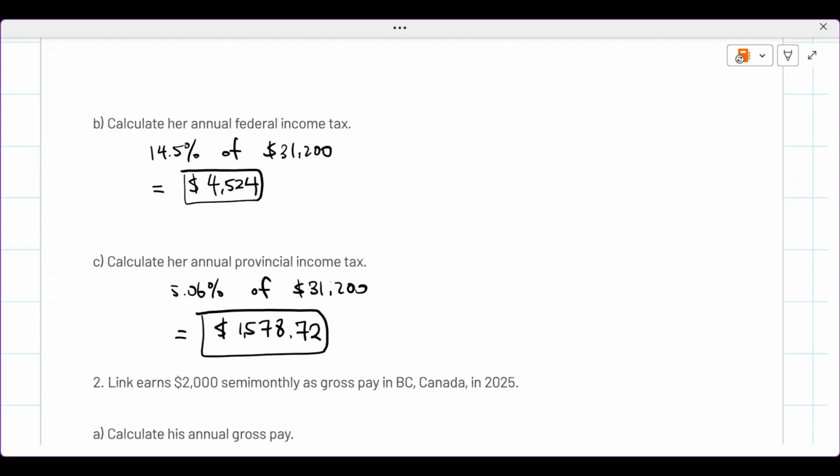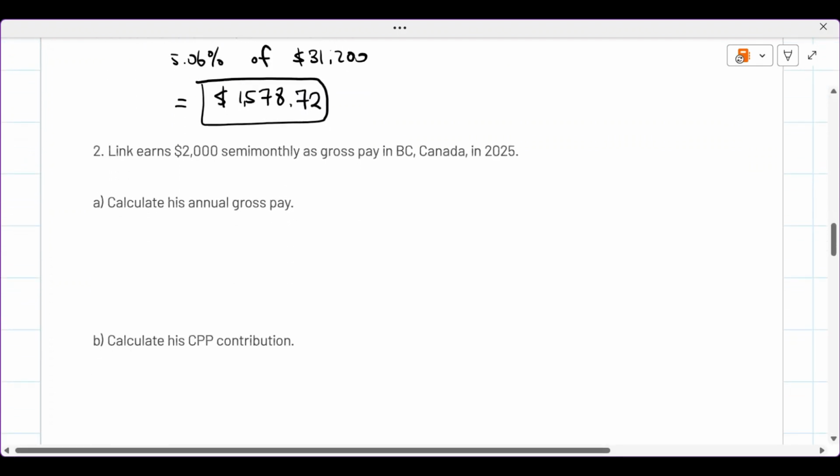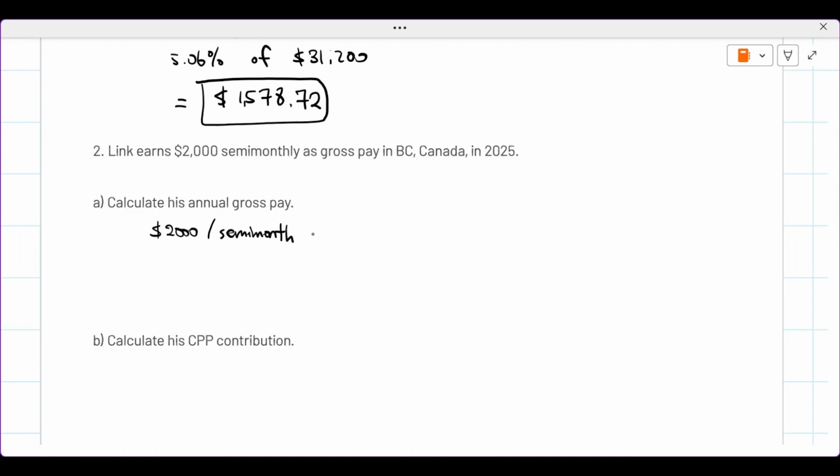That's question number one. Moving on, Link earns $2,000 semi-monthly as gross pay in BC, Canada in 2025. To calculate his annual gross pay, we multiply the $2,000 per semi-month by 24, because there are 24 semi-months per year. A lot of students confuse semi-monthly and bi-weekly.